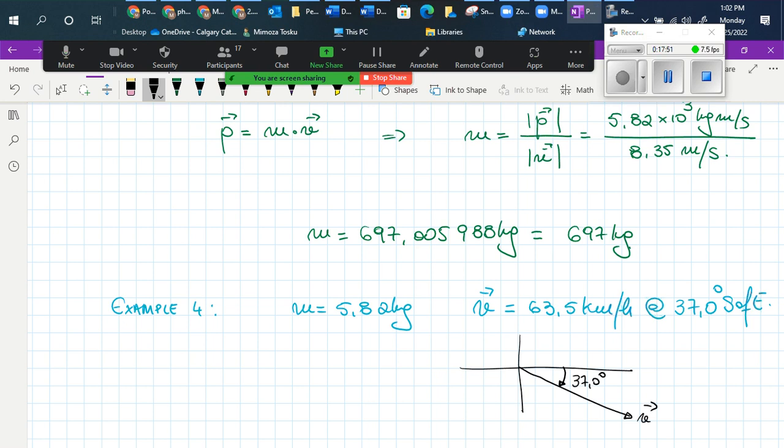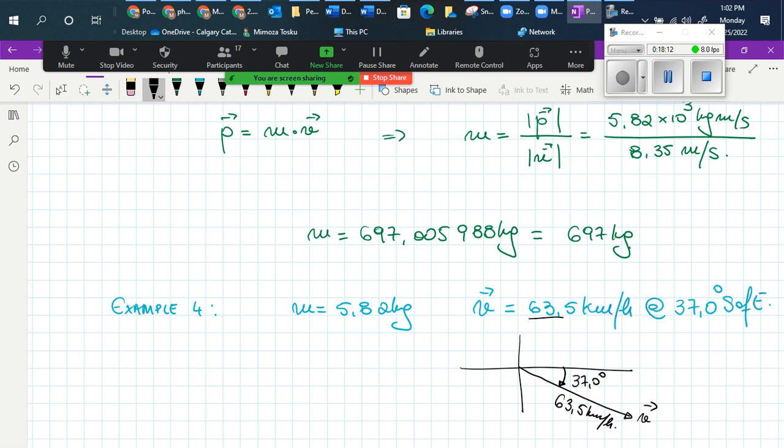And the magnitude or the length of the line segment that represents the vector will be 63.5 kilometers per hour. However, usually momentum is expressed in international system units, which is kilograms meters per second.